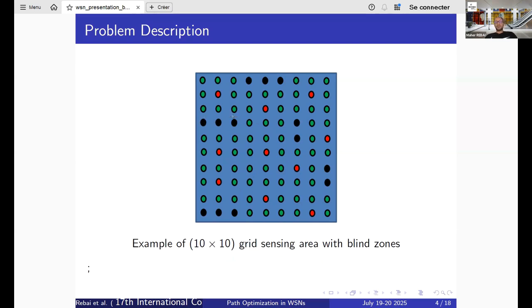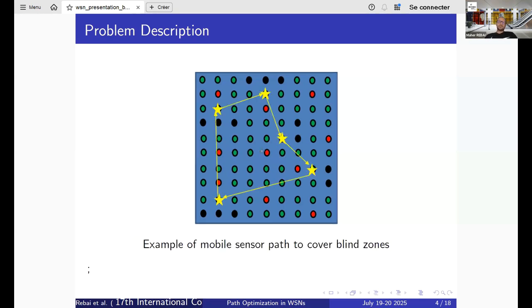So a particular solution that can address this issue may be based on deploying a mobile sensor that can dynamically adjust its position in order to cover these blind zones in one tour.